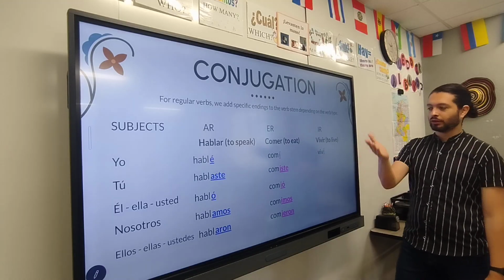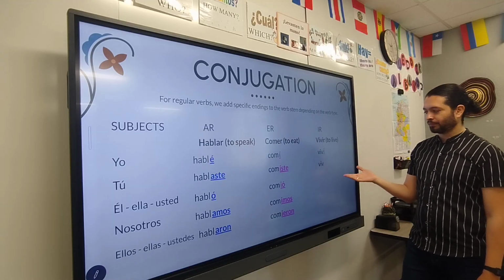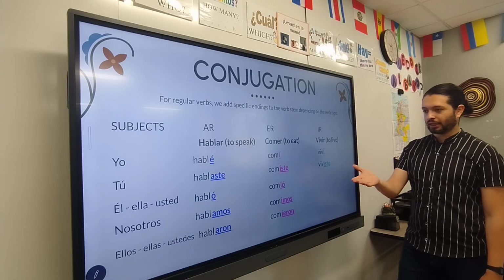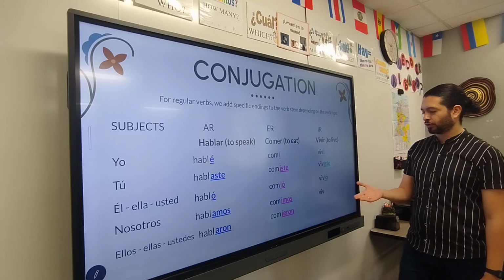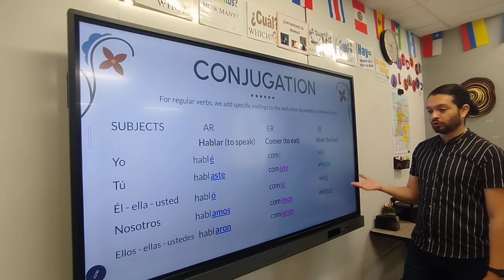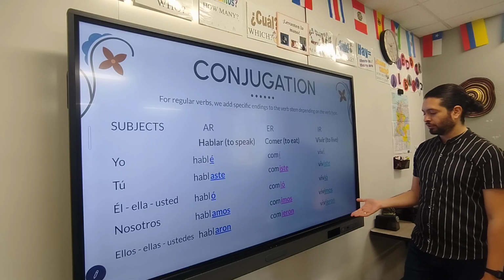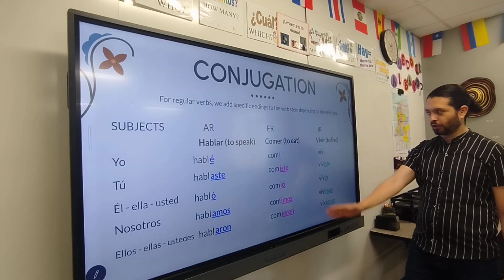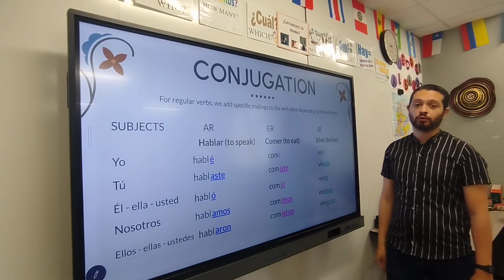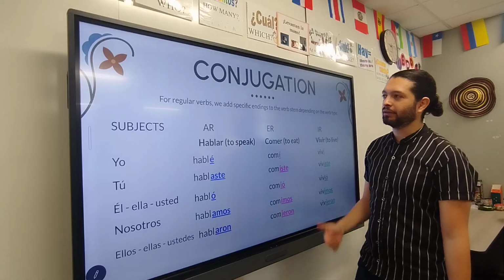Yo viví, tú viviste, él, ella, usted vivió, nosotros vivimos, ellos vivieron. Same endings for ER and IR verbs. Pretty easy, right? Very good.